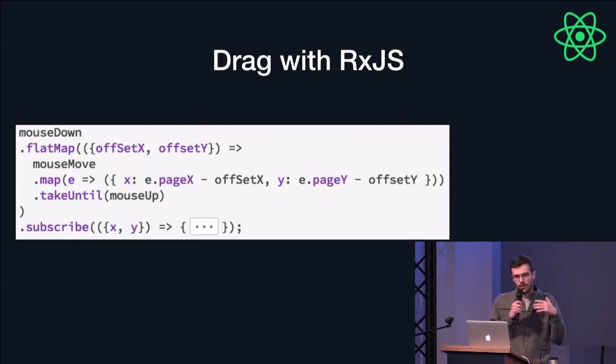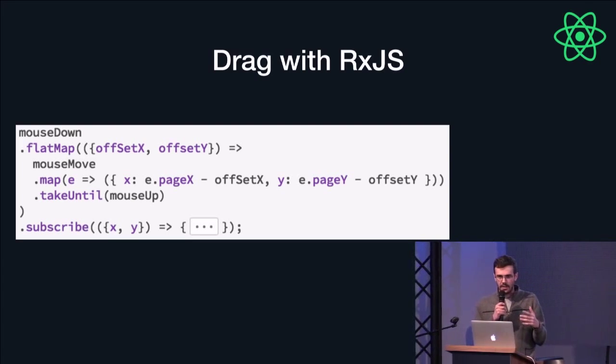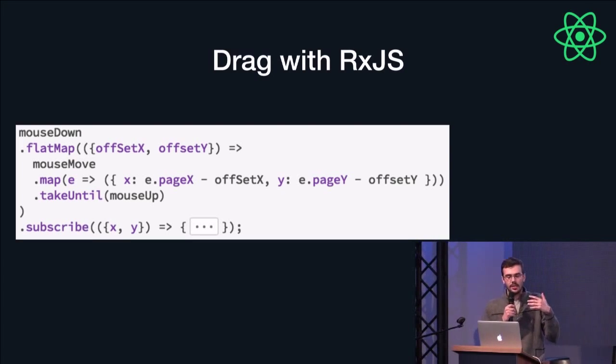Then we flatMap this observable, which means we will create a new observable sequence for each value pushed by this observable, and we create this sequence from the mouse move observable. We map it to the location we want to obtain for our component until the mouse up observable pushes a value.